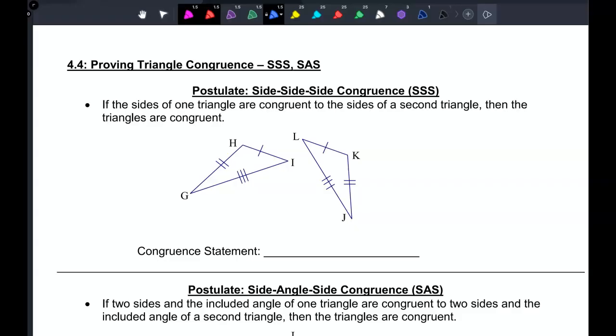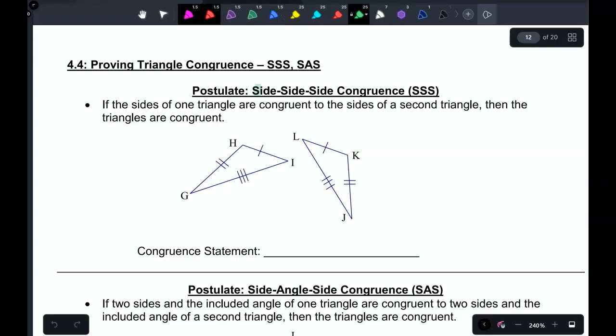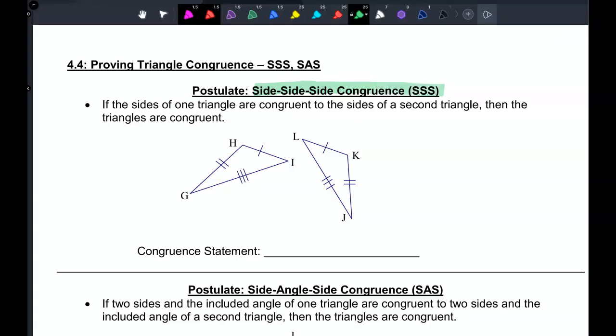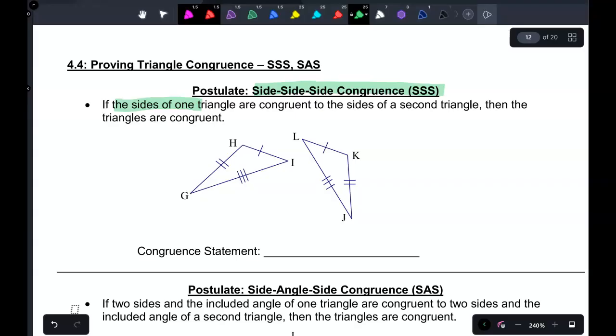So this first one, and you don't need to really remember that it's a postulate, we call side, side, side congruence. We'll abbreviate with 3 S's, okay? That means if all the sides of one triangle are congruent to the sides of a second triangle, then the triangles are congruent.